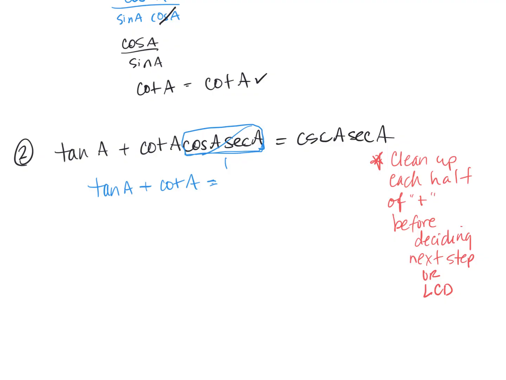So keep those in mind. Now I would look at this and go, okay, I can't add them the way they are, but I can rewrite tangent as the sine of A over the cosine of A, and cotangent is the cosine of A over the sine of A.